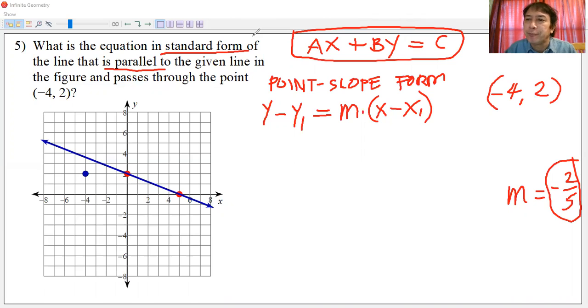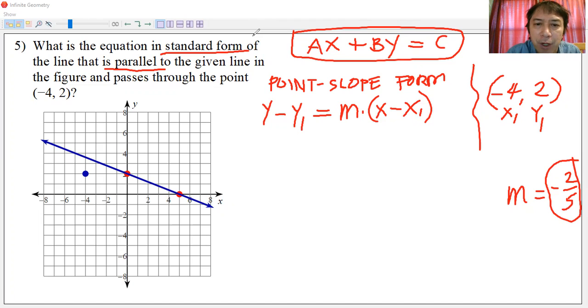So this will be labeled x1, y1, okay. And so using this point and the slope negative 2 over 5 and this equation formula here, we shall be able to write the equation, okay.